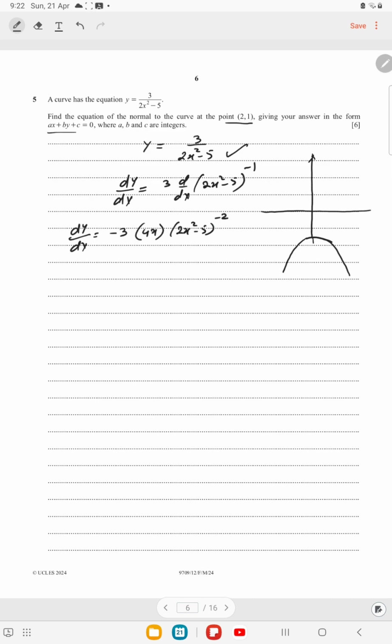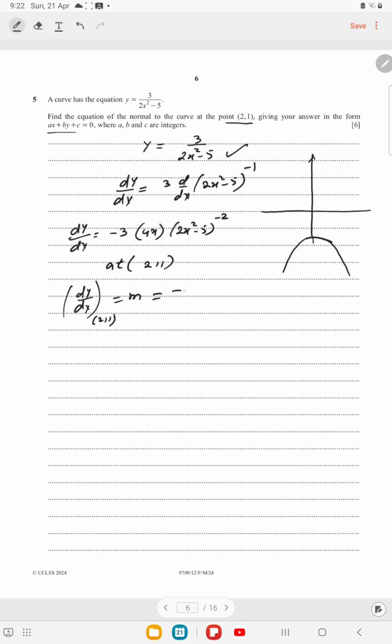If you have any confusion about the differentiation, see the video lesson on differentiation. So at point (2, 1), dy by dx at (2, 1) will give me the gradient m. Just replace x over here with 2.